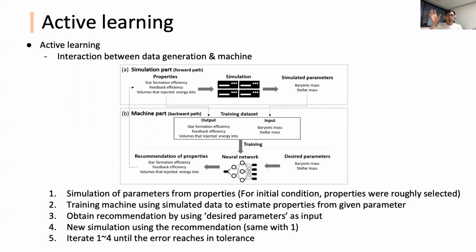The machine uses this instruction, or our target, and generates a set of parameters that we can use for our simulation. Then we actually run the simulation and feed this simulation and its corresponding output to the machine itself. This cycle continues until the output from the machine is within a certain tolerance level.